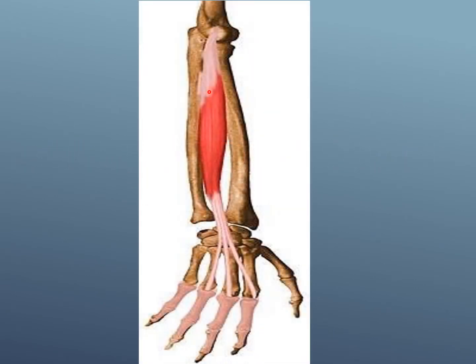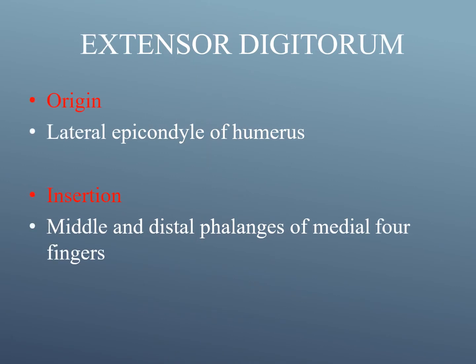Next muscle is extensor digitorum, which means this muscle extends the digits. So this is the picture of extensor digitorum. You can see it starts from the lateral supracondylar ridge or the lateral epicondyle of the humerus and it extends up to the digits.